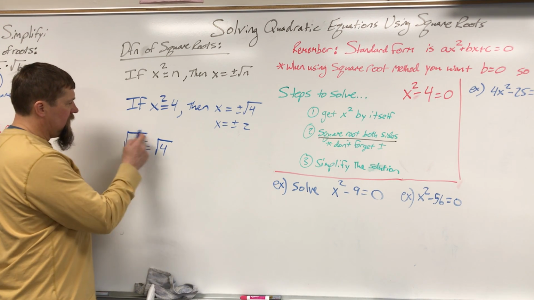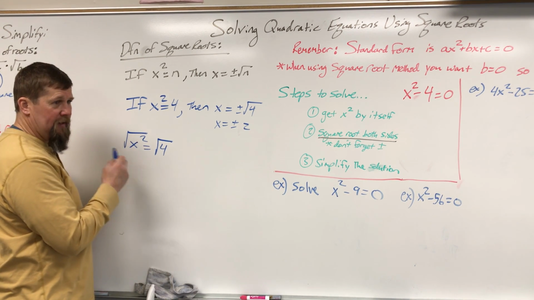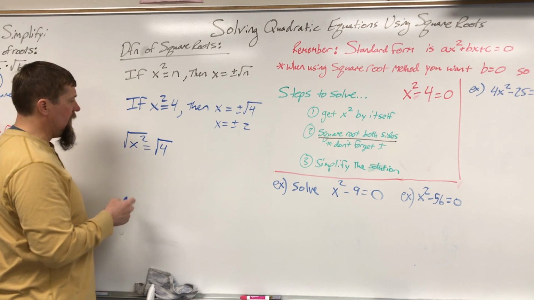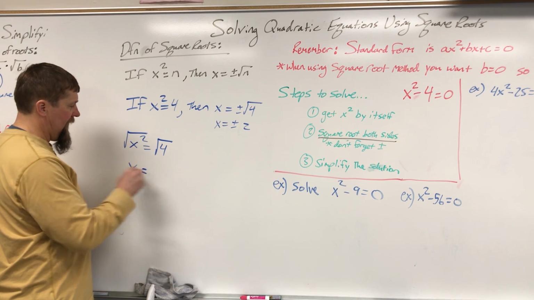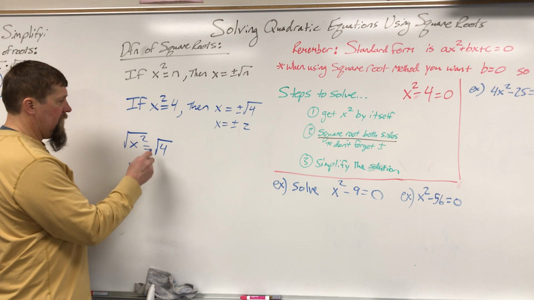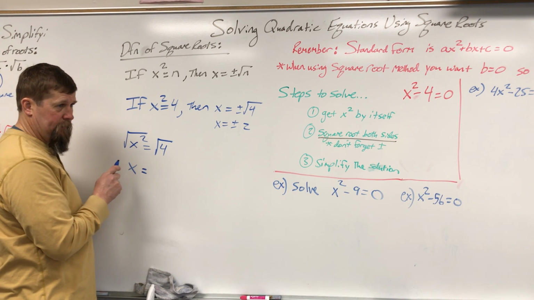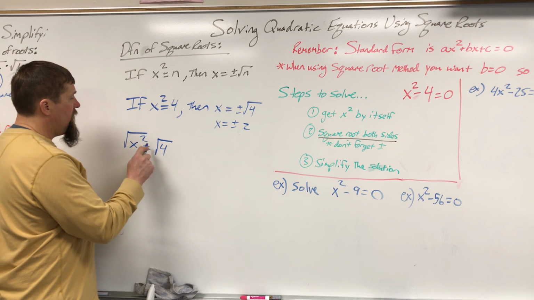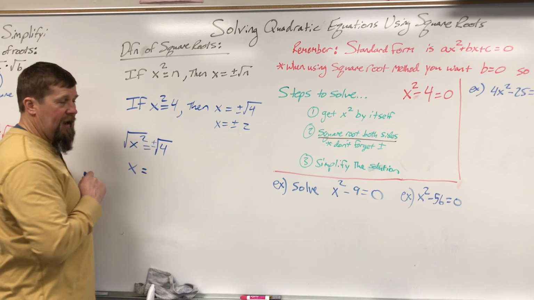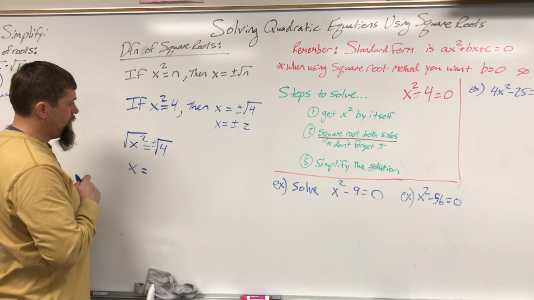The square root of x squared, or x times x, is just x. However, if you take the square root of both sides of an equation, then the one side has to have a plus and a minus in it.